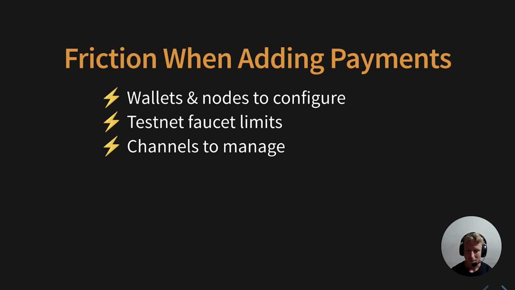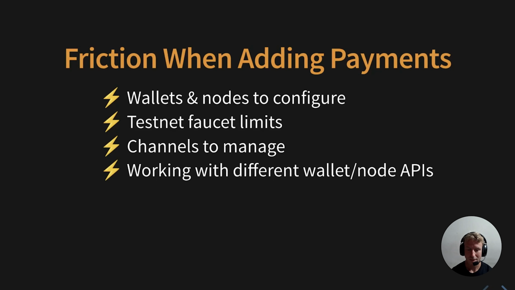Same if you're going to run an actual self-custodial Lightning node, then you need to use channels. But when you're building your app, we don't want to have to worry about channels. And there are all these different wallet APIs, all different Lightning nodes like LND, LDK, Eclair, Core Lightning.